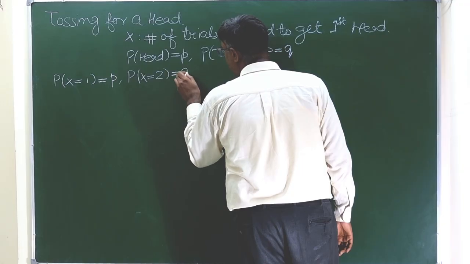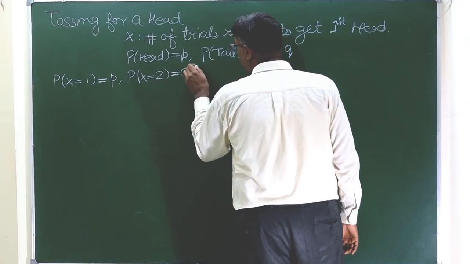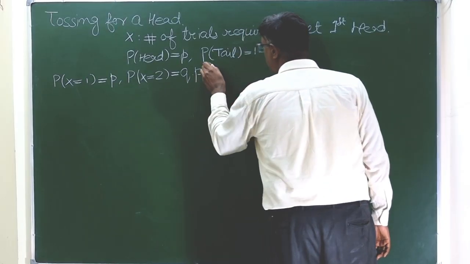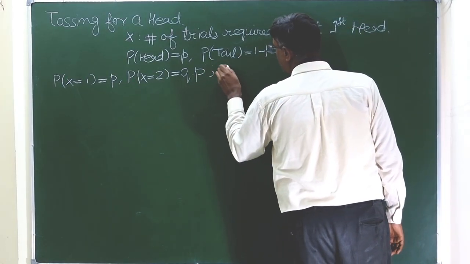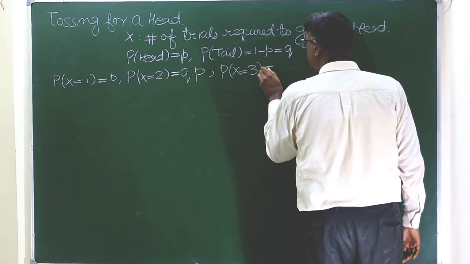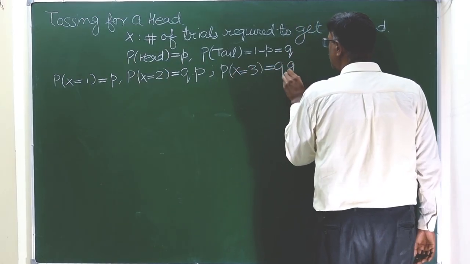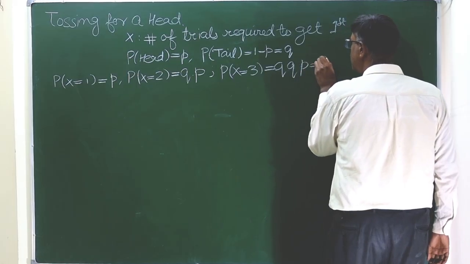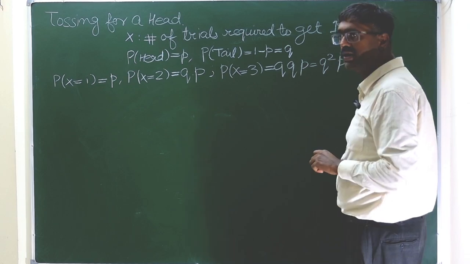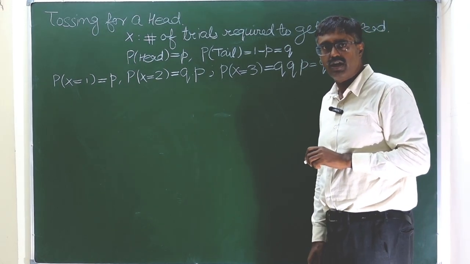So for the first trial we get a tail, and then we get a head. And similarly, the probability of X equal to 3 will be q into q into p, so it will be q square p.